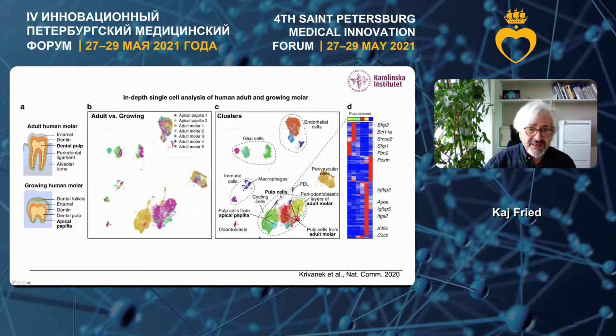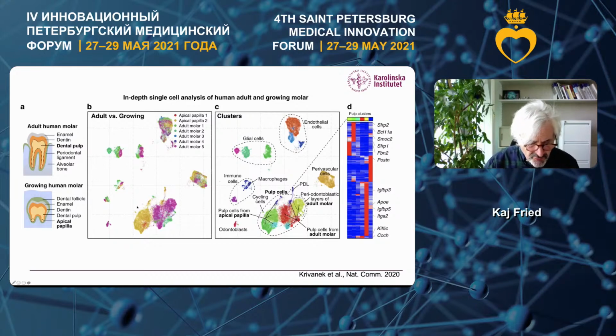So the same kind of approach has been done with human teeth, and the human molar tooth is quite similar to the mouse molar, not the mouse incisor, but the mouse molar. And the molar has been studied, the adult molar and also the growing molar.